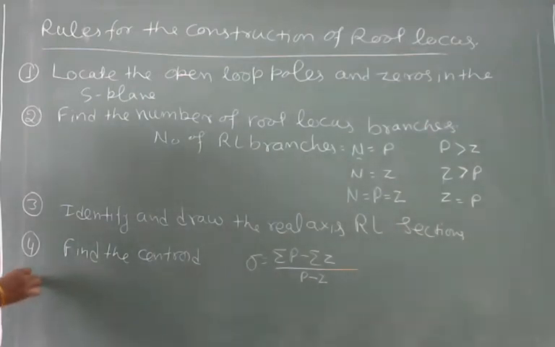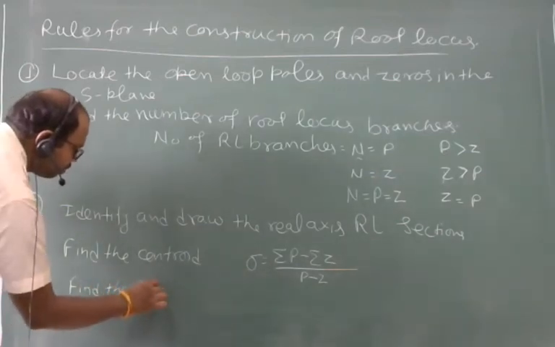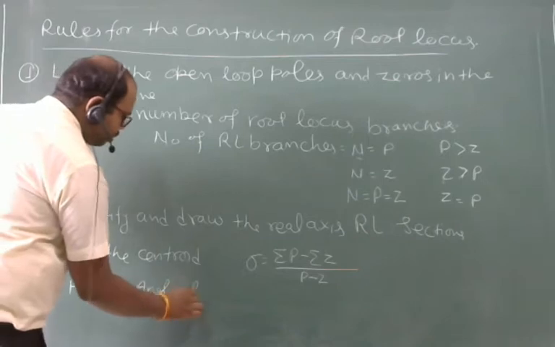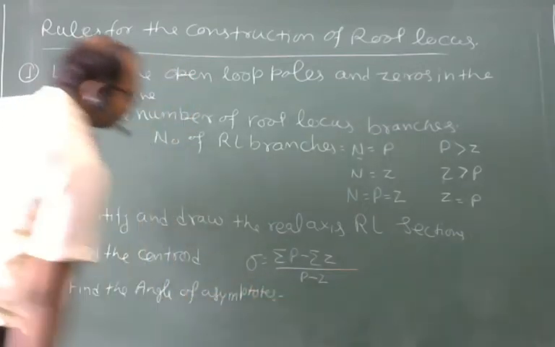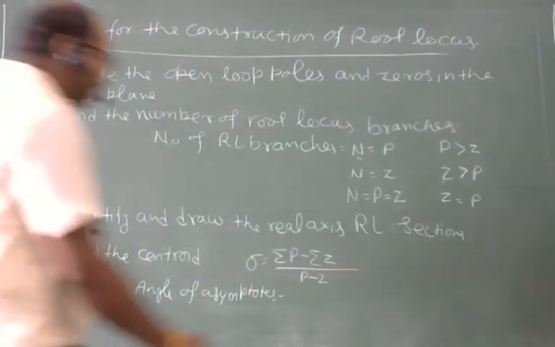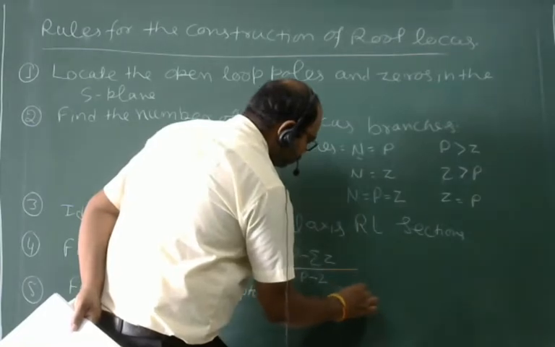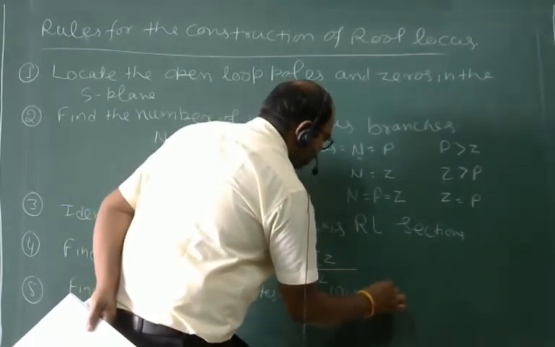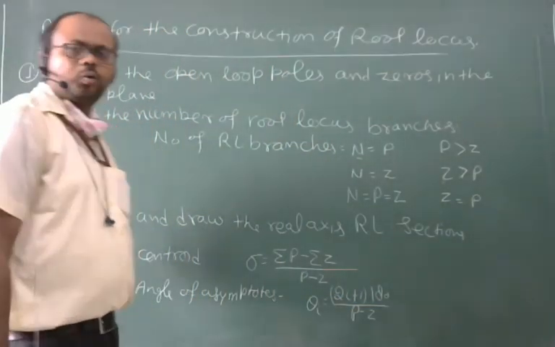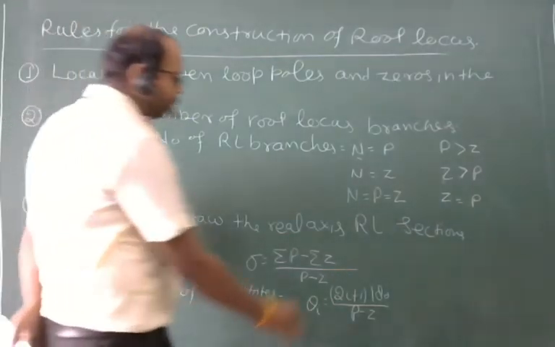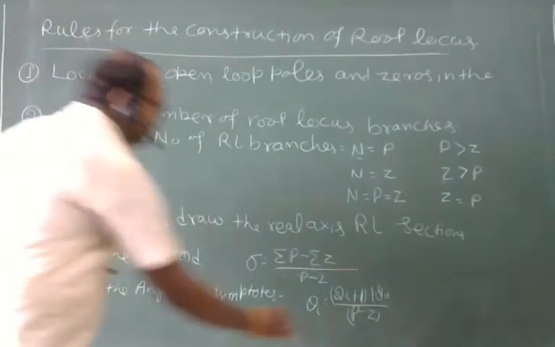Fifth, find the angle of asymptotes by using the formula theta i is equal to (2i plus 1) into 180 degrees divided by p minus z. (2i plus 1) multiplied by 180 divided by p minus z.